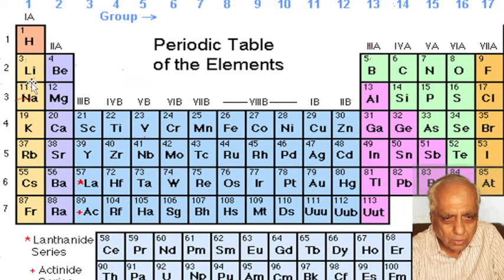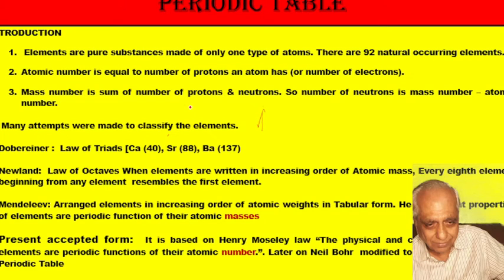He could arrange most of the elements known at that point of time, and he predicted that in future you may find certain elements which will fit at these places of the periodic table and they will have these properties. And this was found to be true.